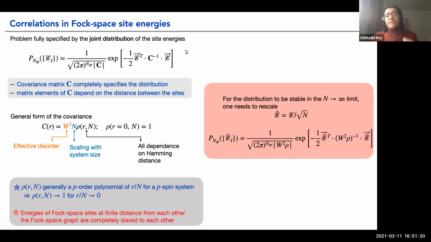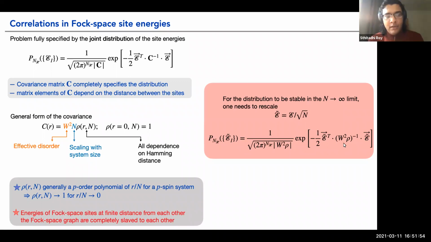To make this distribution stable, and this is a crucial point about how to take the thermodynamic limit in these problems, you need to rescale the many-body energy scales by a quantity which is square root of N. Once you do that and write down the joint distribution of these E tildes, which are the rescaled variables, you find a perfectly well-defined covariance matrix in the thermodynamic limit. So this rescaling of the energy scales with square root of N is going to be extremely important.